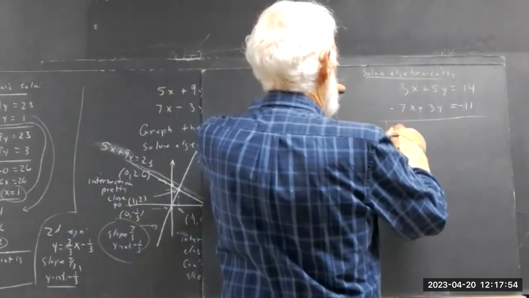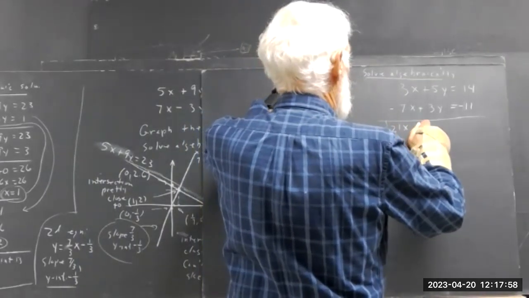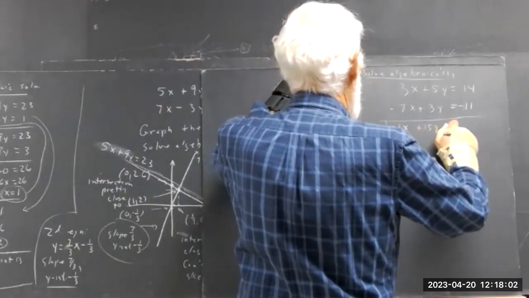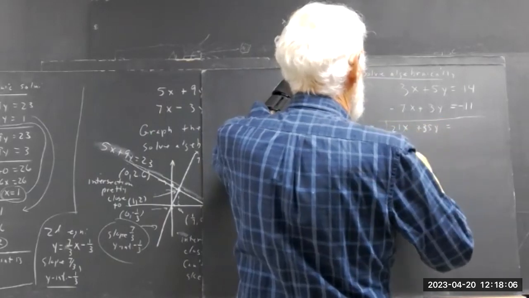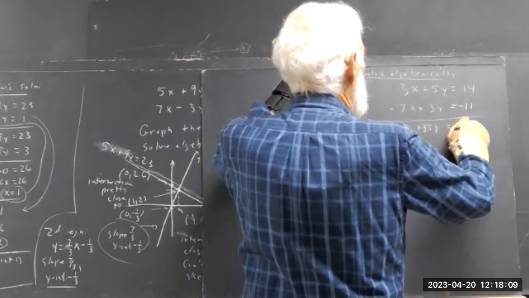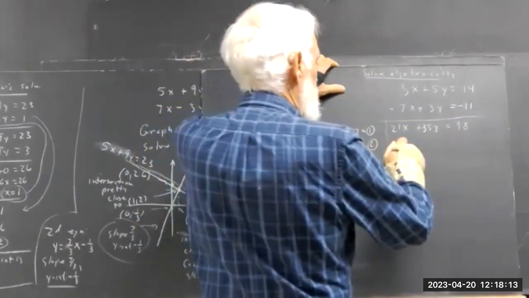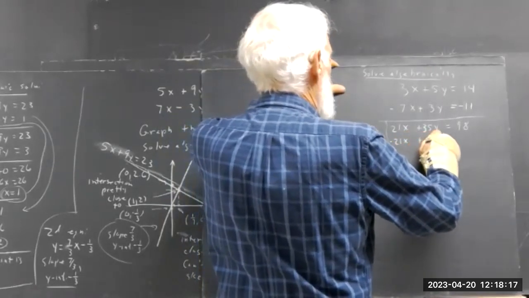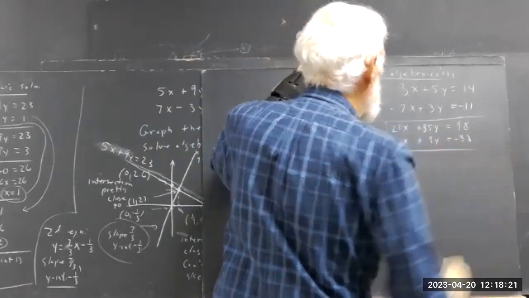So I get 21x plus 35y, not 15, 35, when I multiply by 7, equals 98. Multiply 3 by the second equation, I get -21x plus 9y equals -33.